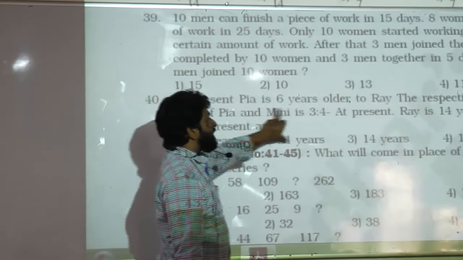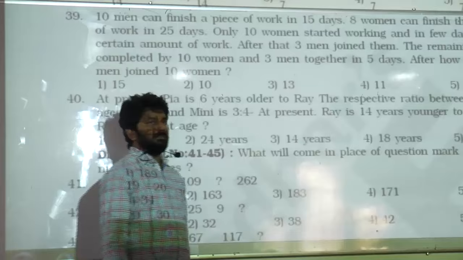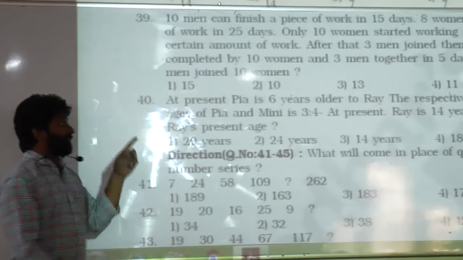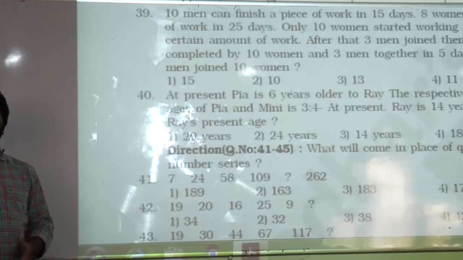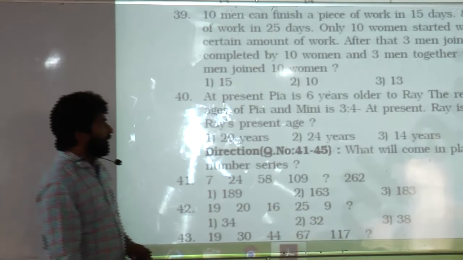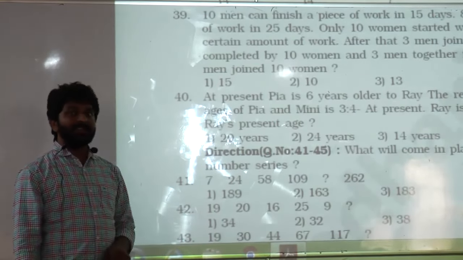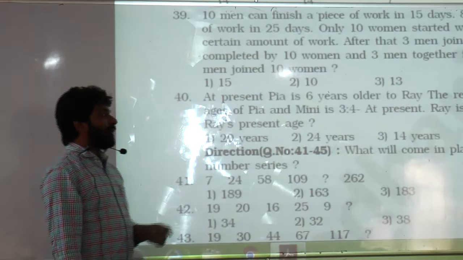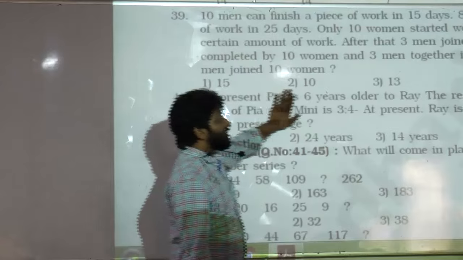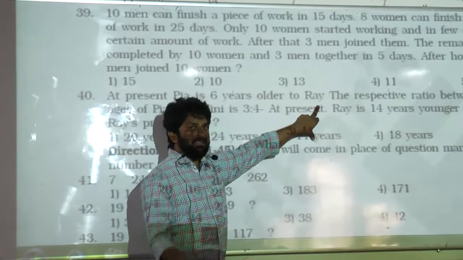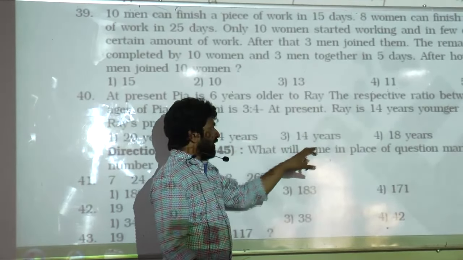At present Pi is 6 years older than Ray. What is the age difference between Pi's age and Ray's age? 6 years. Who is elder? Pi. So if you add 6 years to Ray's age, you'll get Pi's age. Am I right?